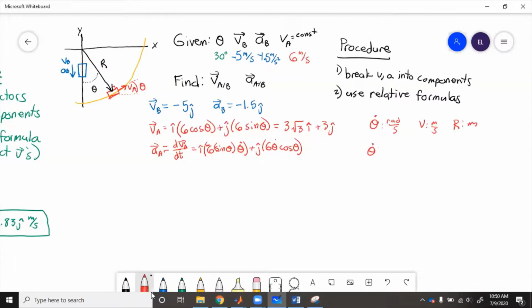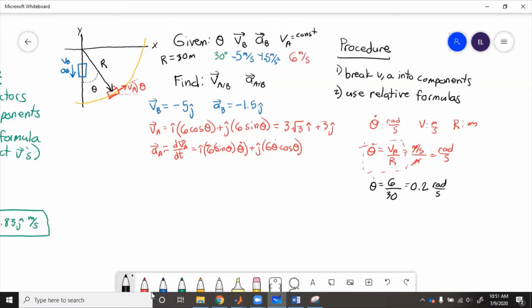Theta dot equals v over r. So we need to use this, and for that, we must be given r. Let's say r equals 30 meters. So theta dot equals 6 over 30 equals 0.2 radians per second.